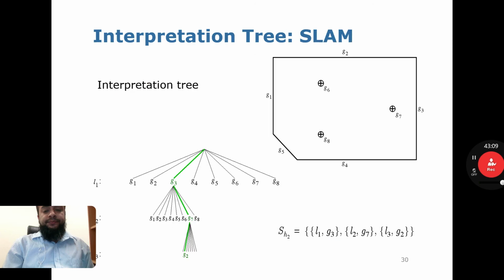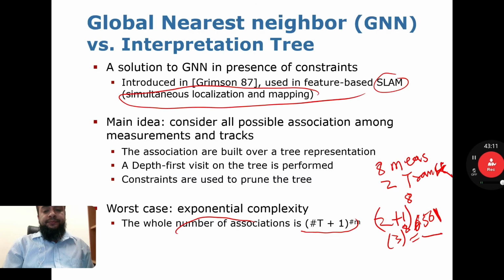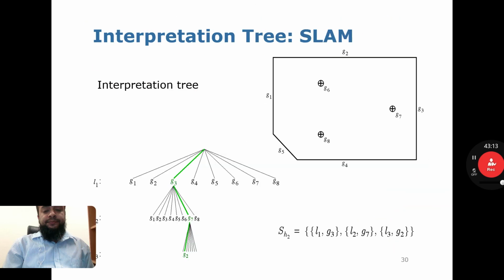Another thing is the interpretation tree like this. For example, this is the validation gate, and g is a cost function.